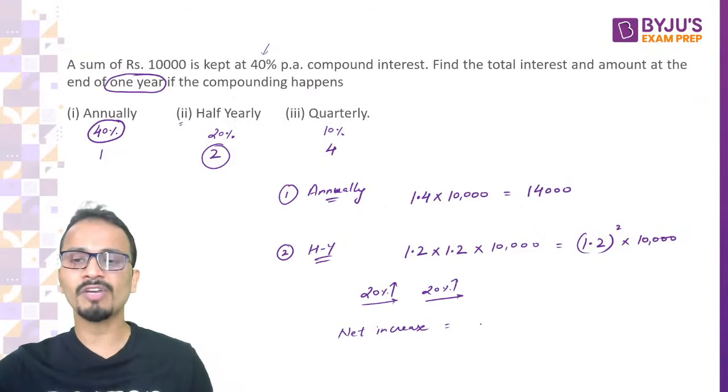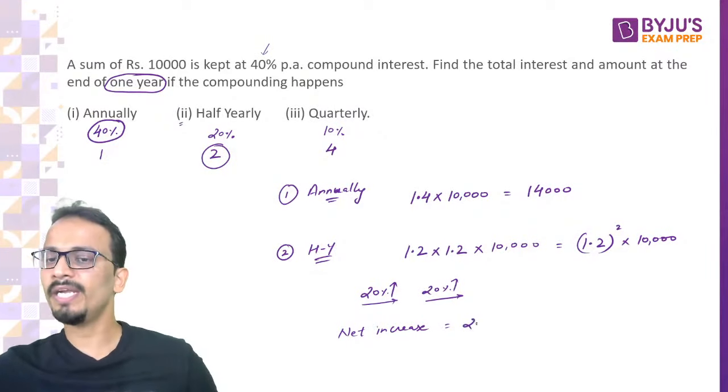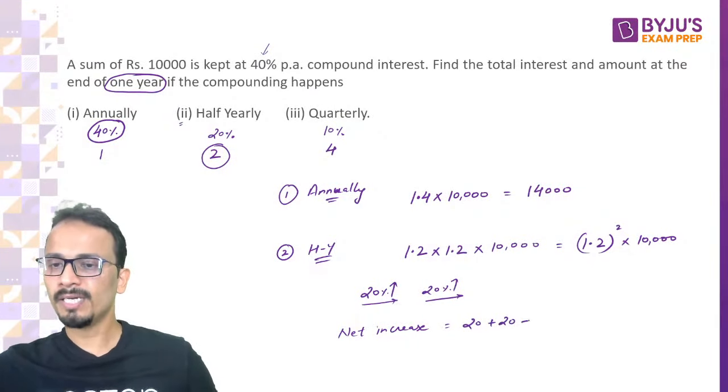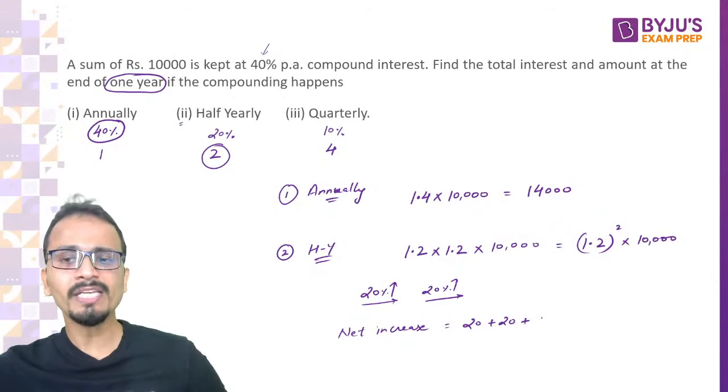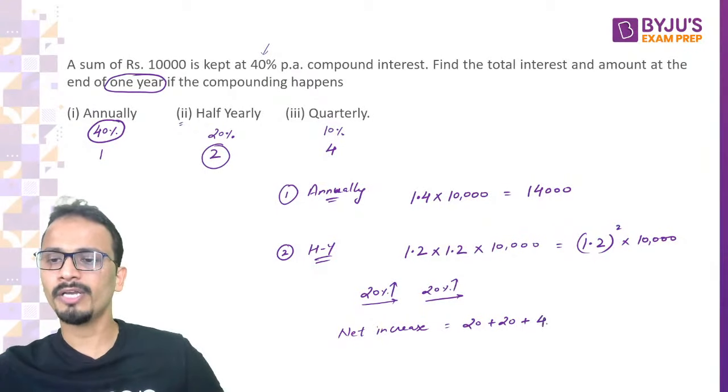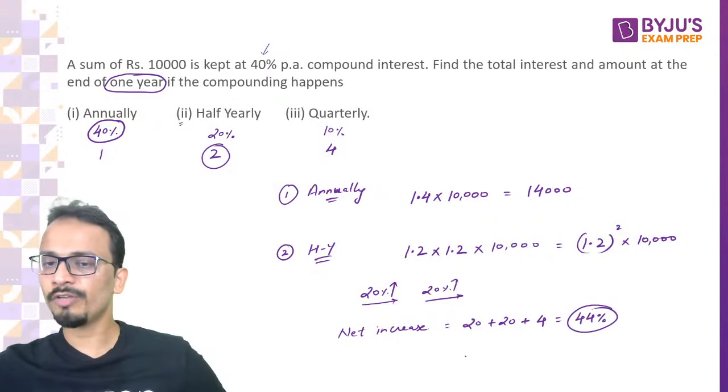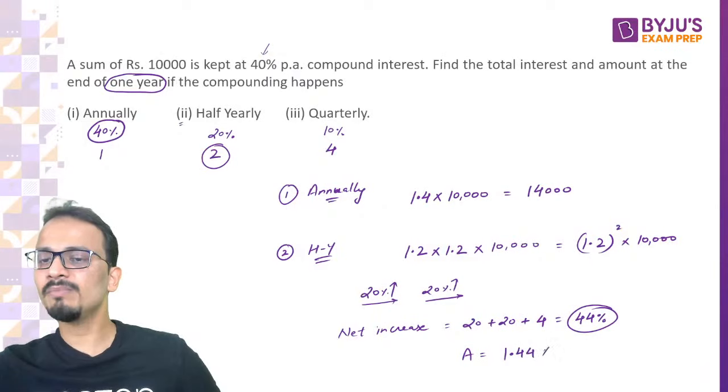Again, this thing we have covered earlier. So 20 plus 20 plus 20 into 20, which is 400 upon 100, is 4. So there will be a net increase of 44%. With a net increase of 44%, the final value will be equal to 1.44 times the original value, which is 10,000.